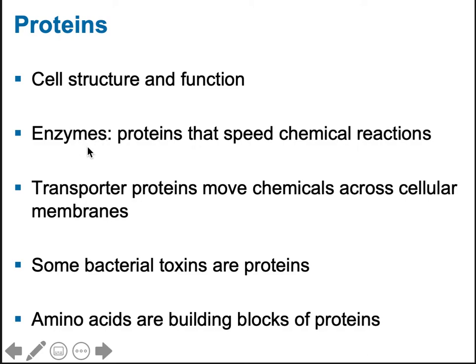Having an enzyme makes it happen super fast with much less energy. Enzymes are super important. Every single breaking down of food and building together of all the parts of your cells, all the parts of you, all of that's done by enzymes.